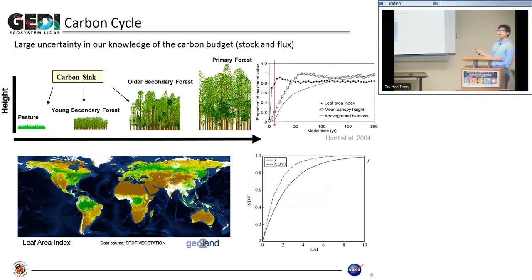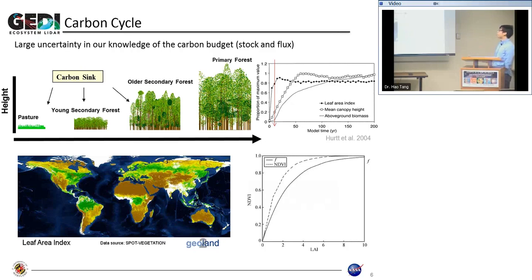One way to capture how much carbon gets absorbed by the forest is using, for example, the lidar index and all the light efficiency models. But we have a problem here with the LAI, notably in current observation: we call it the saturation effect. We know there is a nonlinear relationship between the famous NDVI and the LAI, once the LAI goes above 4 or so.